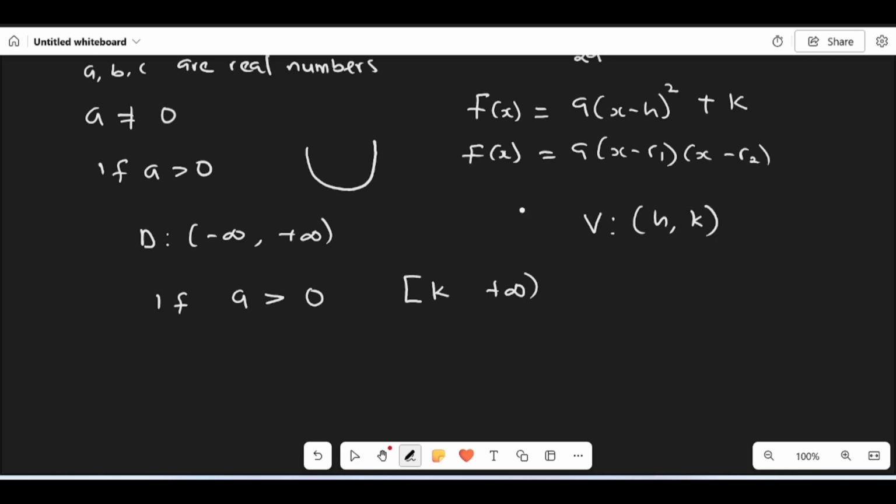And if a is less than 0, the range is negative infinity, k square bracket. This square bracket means that k is inclusive.